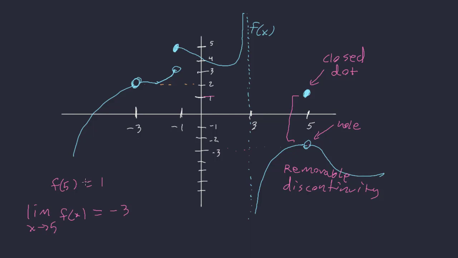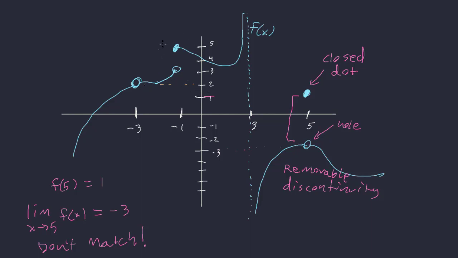So here the function itself exists, the limit exists, however they don't match. So this is what it looks like when both the function value and the limit exist, they just don't match. Here the limit existed but the function value did not.